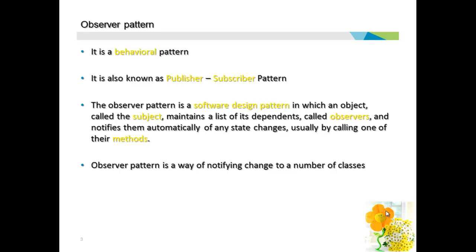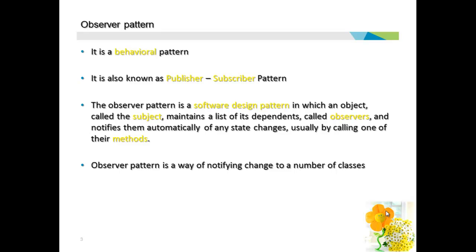The publisher or subject is the post office, and yourself will be considered an observer or subscriber, and the observer or subscriber needs to subscribe or register with the publisher or subject called the post office.